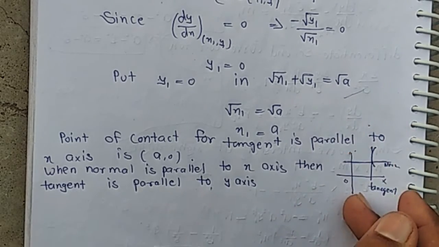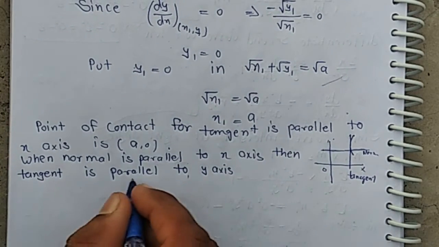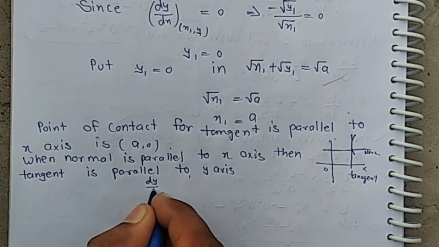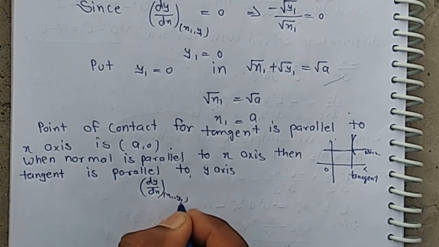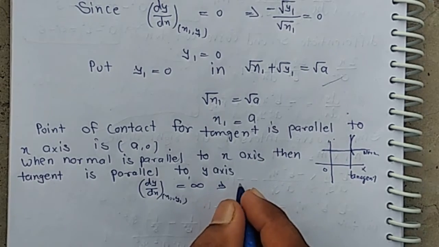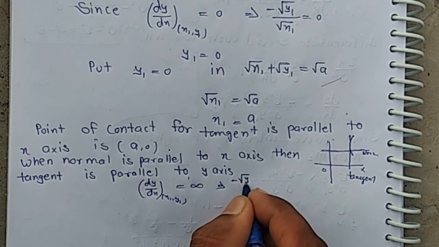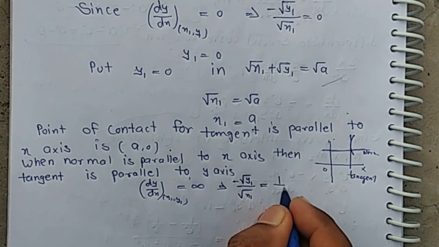Tangent is parallel to y-axis means dy by dx equal infinite at point x1 comma y1, means value of dy by dx, minus root y1 by root x1, equal infinite, can be written as 1 by 0.